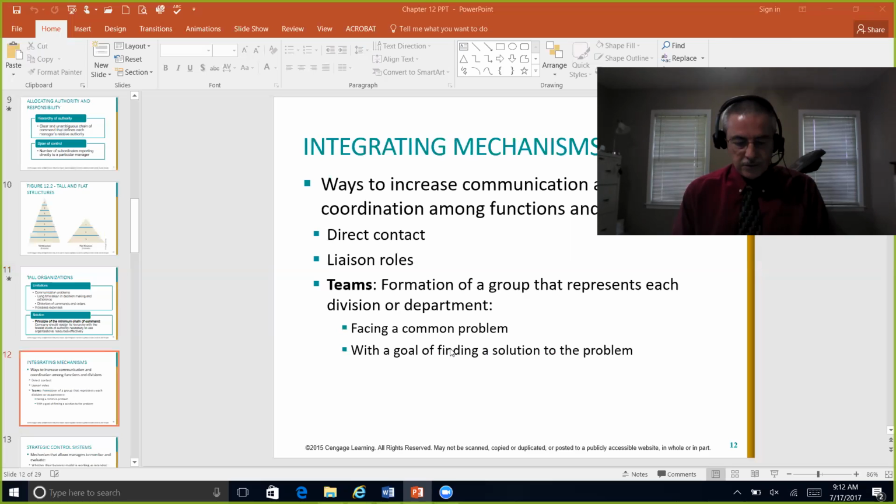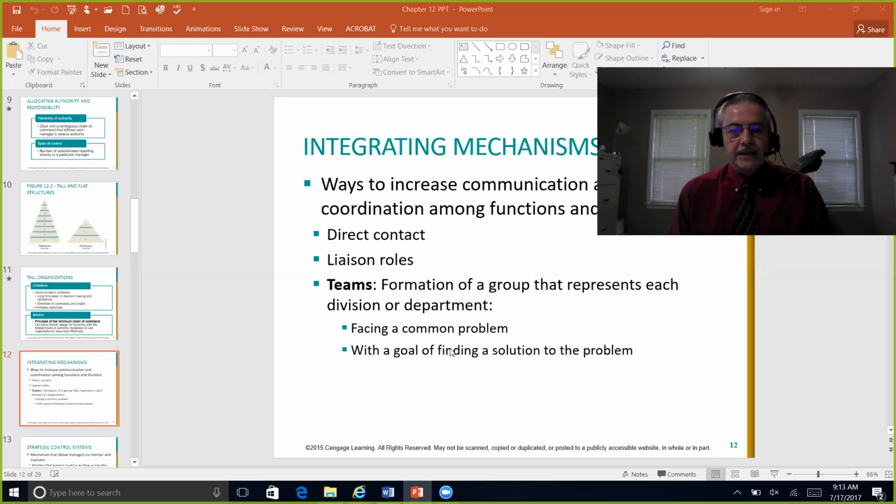They do that through several different ways, one of those being direct contact, where direct contact allows managers to create a context in which the managers from different functions and divisions can work together to solve their mutual problems.